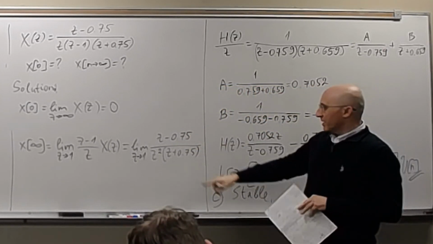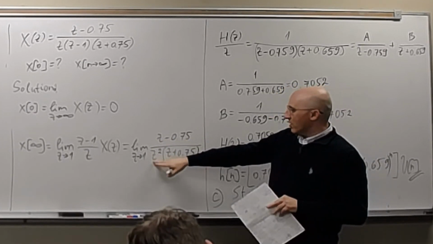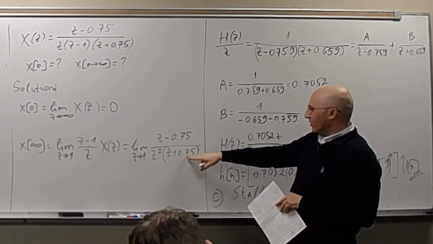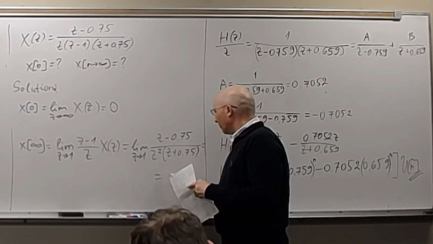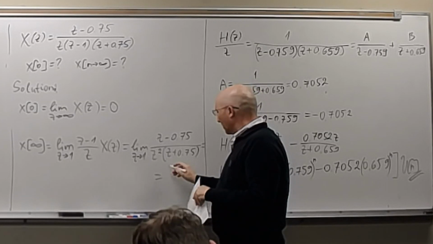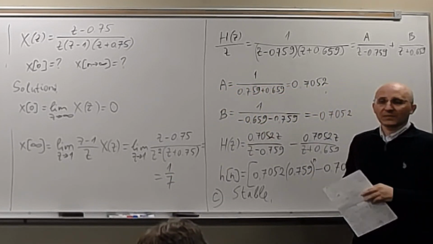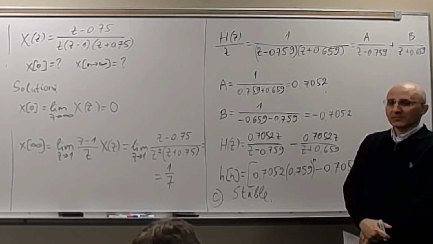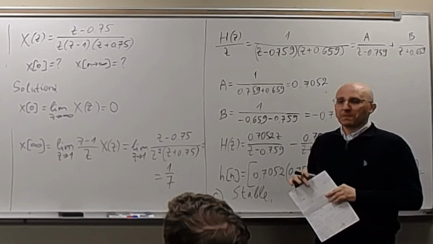So basically we just replace z with 1. So it's 1 minus 0.75 divided by 1 squared, 1 plus 0.75. And this thing will be 1 divided by 7. This is the final value. So it will converge to the value 1 divided by 7.